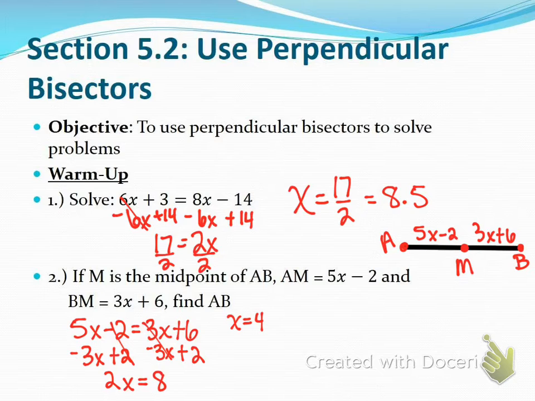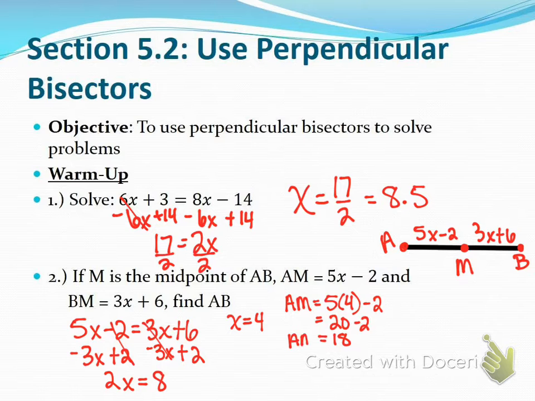Are we done? Nope, we still need to find the length of AB, so what are we going to do? Plug it into what? Where? Okay, you could do both of them, or you could do one of them and then multiply by 2, so it doesn't matter to me. So if we just find the length of AM, 5 times 4 minus 2.